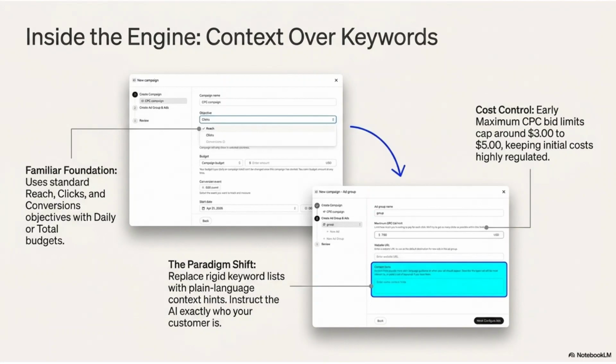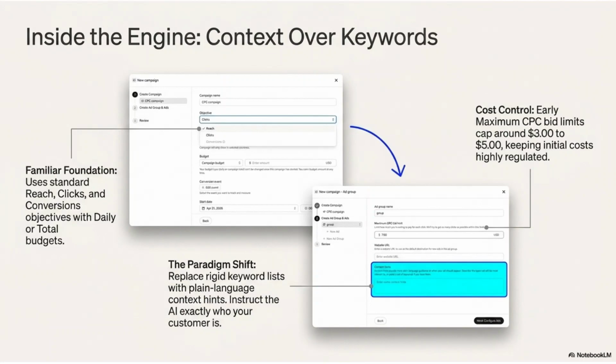It will create just top-of-mind awareness. It will try to show to as many people as possible within the budget. Okay, if your objective is clicks, it will show to the people and try to get as many clicks as possible. It will only focus on getting more clicks.